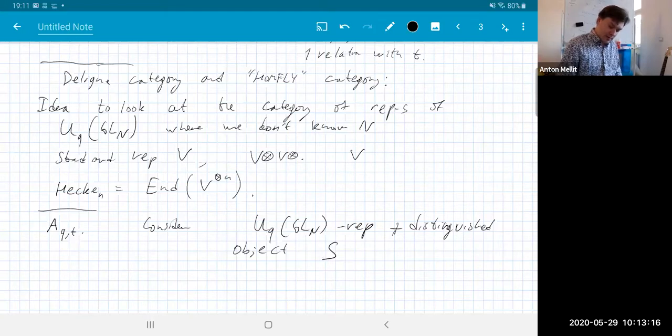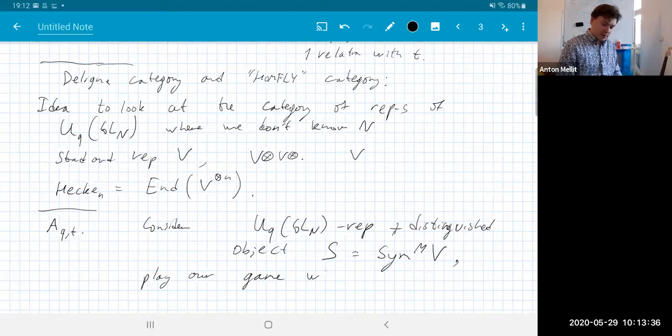Let's call it S, which is the symmetric m-th power of the standard representation. And let's continue playing our game where we don't know both N and m.